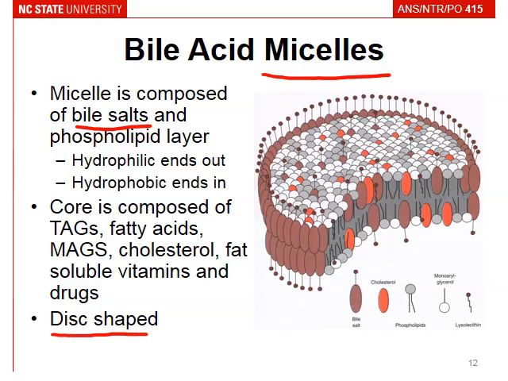So a lot of times we think of these micelles as being little spheres, but they are actually discs. And the core of the micelle is filled with triglycerides, our non-esterified fatty acids, monoacylglycerides, our cholesterol, our fat-soluble vitamins, and any drugs that are hydrophobic.